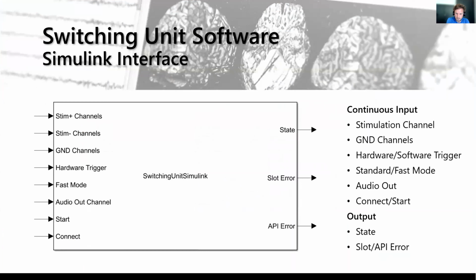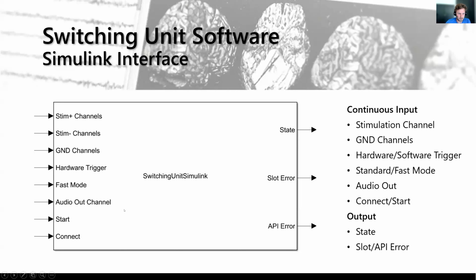I already mentioned the Simulink integration and the g.tec platform. So here we have a Simulink block, which provides you with real-time control of the switching unit during neuromodulation or brain stimulation experiments. You can adjust the stimulation channels, you can adjust the ground channels, you can enable or disable the hardware trigger, you can enable or disable the fast mode, you can set the audio out channel, and you can just start or stop the switching procedure.